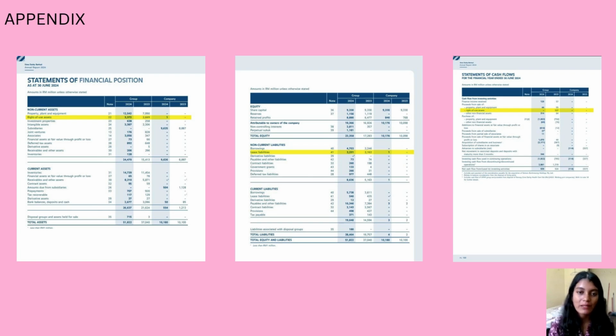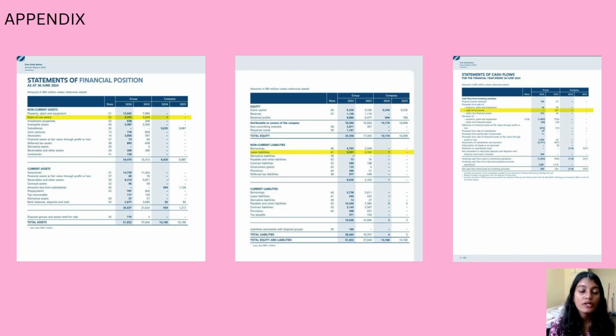Now, let's look at the appendix part, which shows a real example from Sime Darby Berhad annual report for the financial year ended 30 June 2024. This example shows how the company applies MFRS 16 leases in its financial statements. Firstly, in the statement of financial position, under non-current assets, we can see right-of-use assets, which are shown in Note 22.